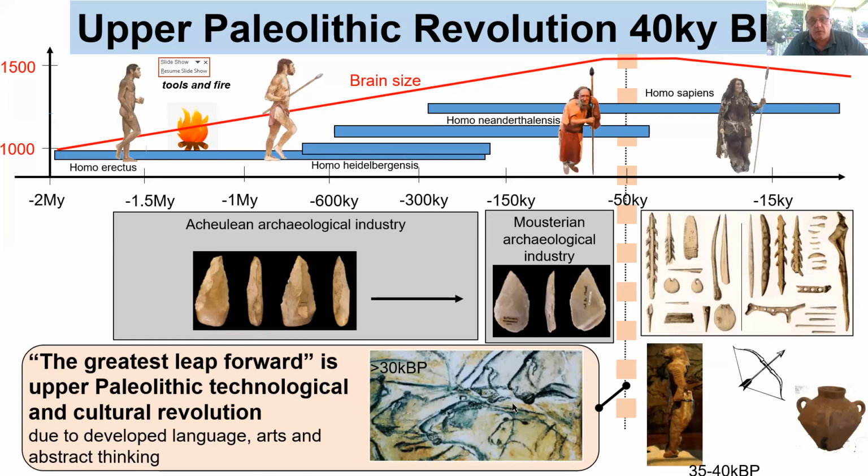When these paintings were discovered in France and Spain, initially most people thought it's a fraud, because they thought that 20, 30, 40,000 years ago, people didn't have abstract thinking sufficient for making such artistic images. They are artistic even according to modern standards.